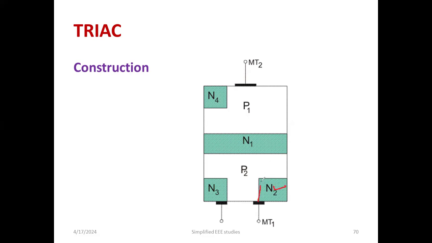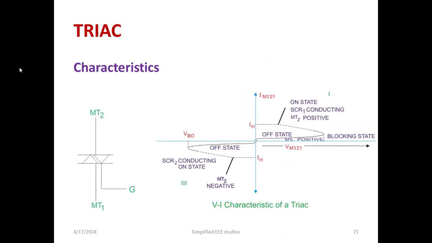So this is layer number 1, then layer number 2, then layer number 3, then layer number 4, ultimately layer number 5. Then we have main terminal 2 and main terminal 1. Also, we have the gate terminal. This is the way it is constructed. It is similar to SCR, but there is a difference in the layers. The number of layers will be different. That's all.